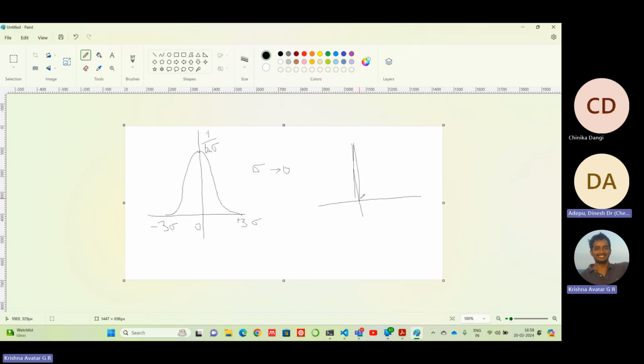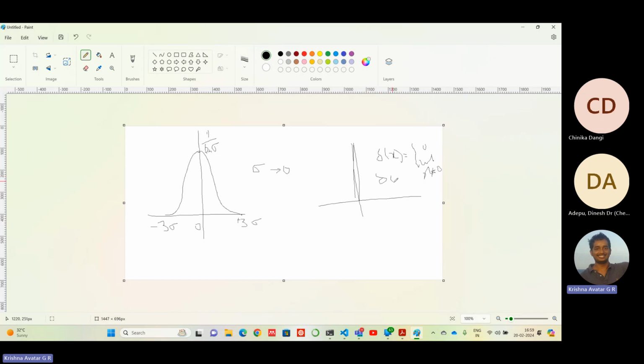The way the delta function is defined is delta of x is equal to 0 when x is not equal to 0, but when x is equal to 0, it has an infinite value.